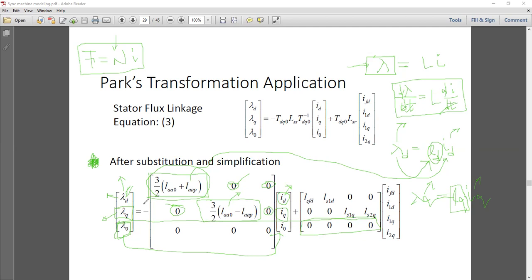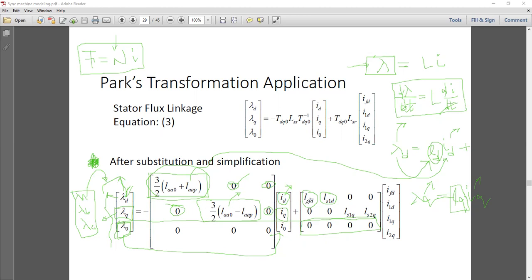Lambda d also has some other terms, because there are two other coils present along the d-axis, remember? These lambda d, lambda q, lambda 0 are replaced variables out of the stator coil flux linkages, lambda a, b, c. So these d and q are transformed variables from the ABC frame.